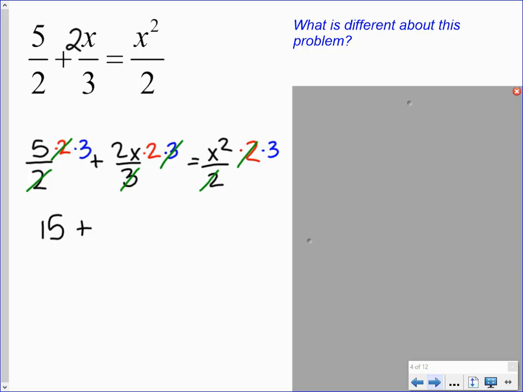Plus, in the second fraction, I have 2x times 2, which is really 4x. Equals, over on the other side, I have x squared times 3, which is 3x squared.